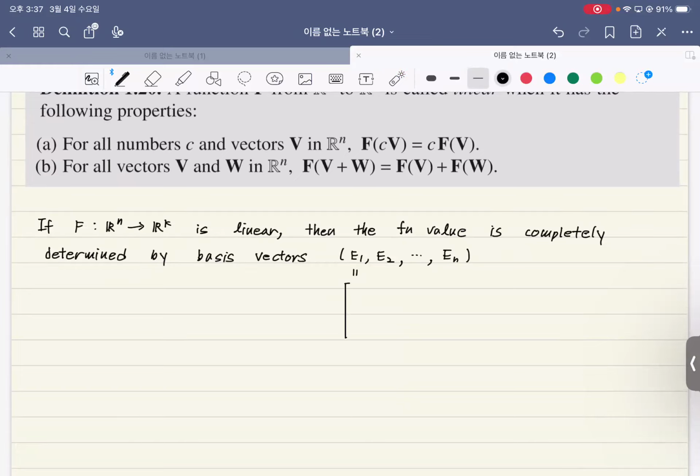Last time, we also described a vector as a column vector.